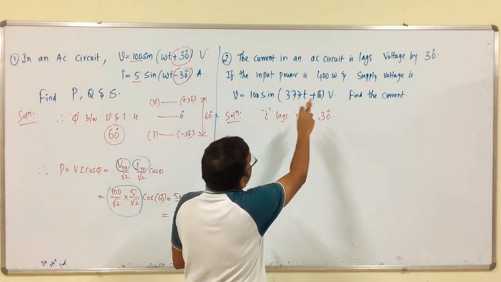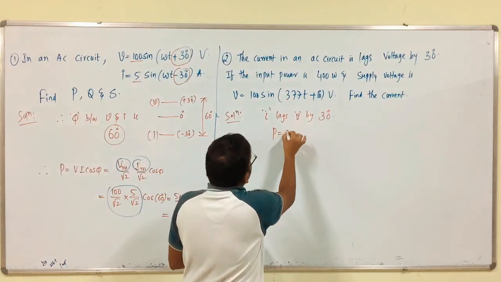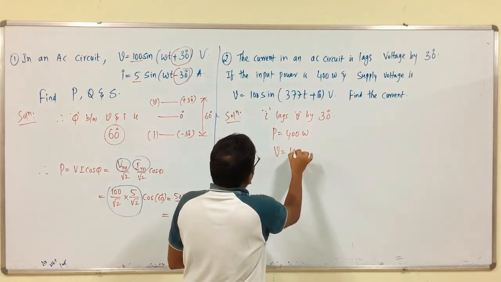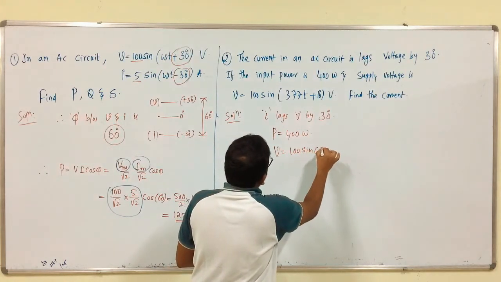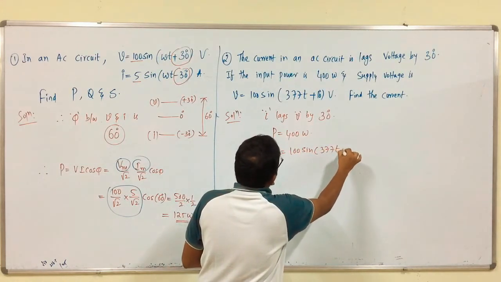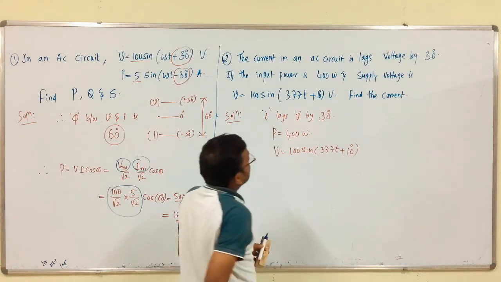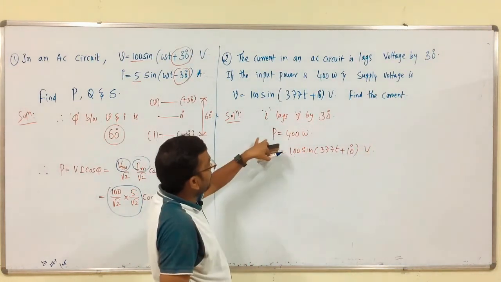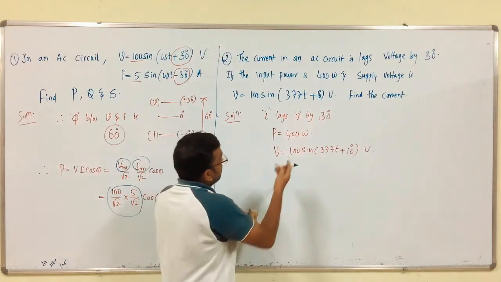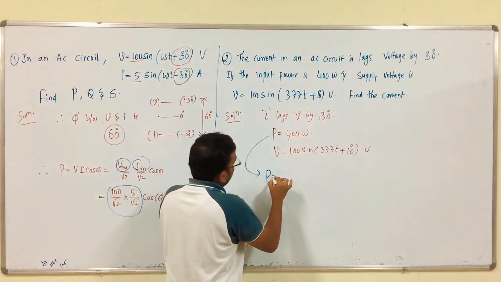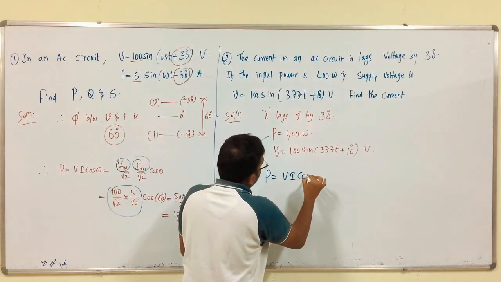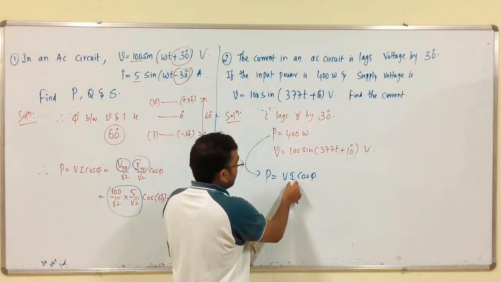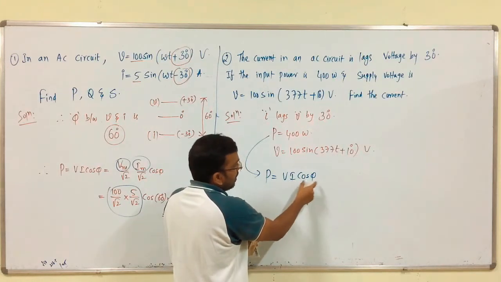If the input power P is 400 watts and the supply voltage V is equal to 100 sin 377t plus 10 degrees, find the current. So, from this we have V I cos phi; we have V and the power factor, but we do not have the current, we have to calculate the current.